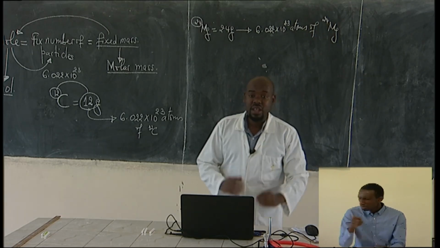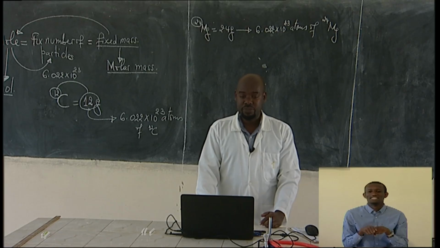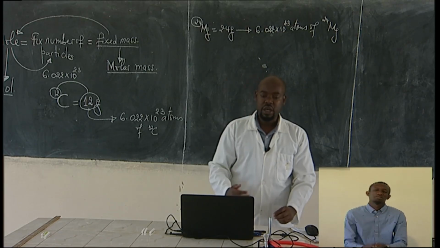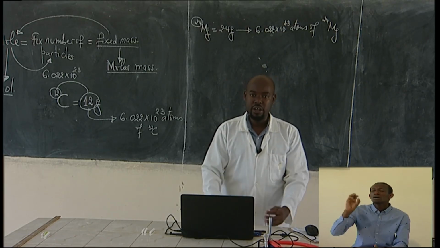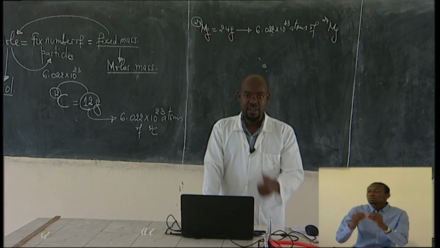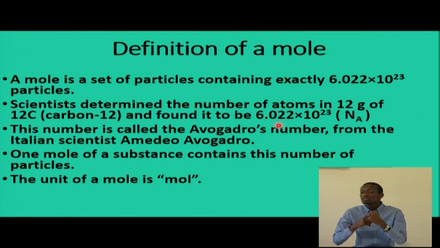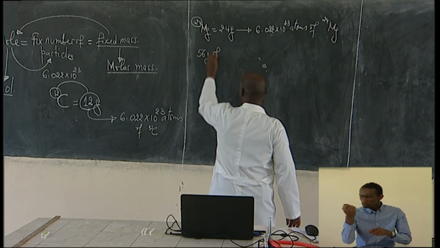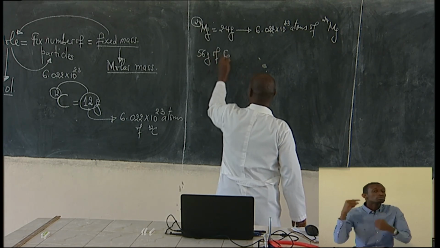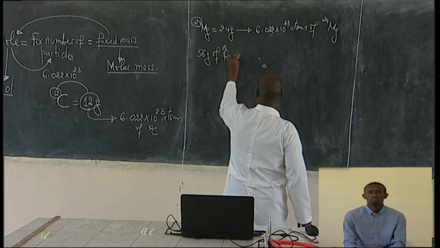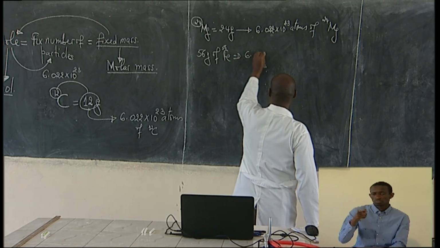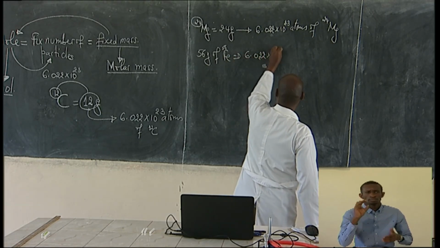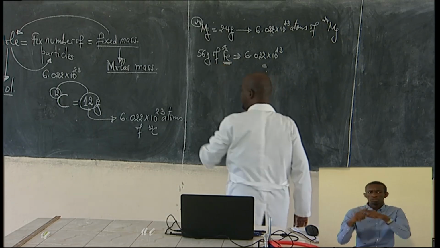It is the same with other elements on the periodic table. What is the atomic number of iron? It is 26. And the mass number, I hope you have your periodic tables, is 56. So 56 grams of iron-56 contain 6.022 times 10 power 23 atoms of iron-56.